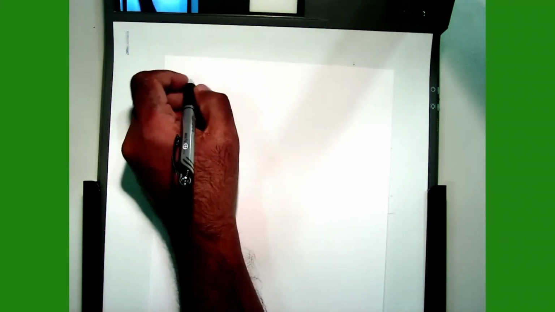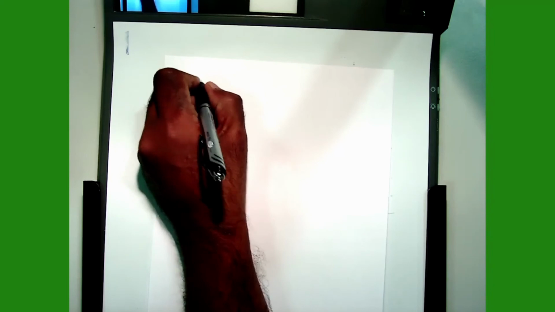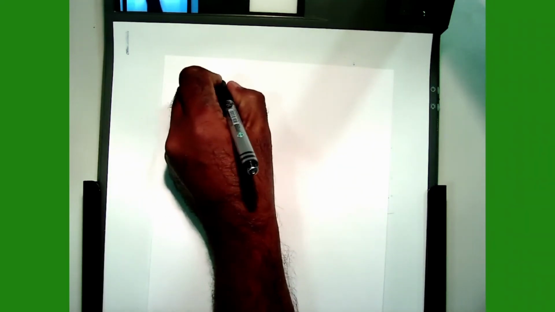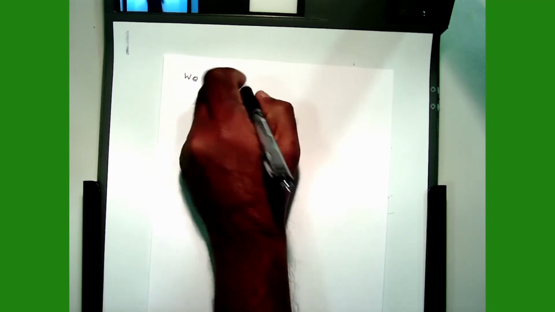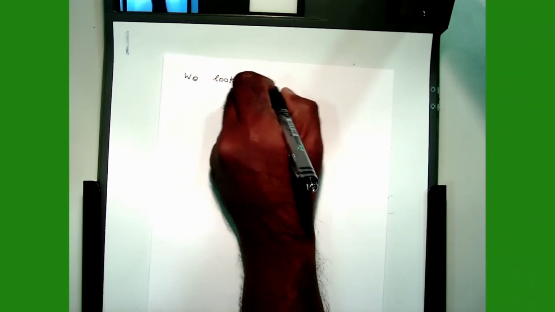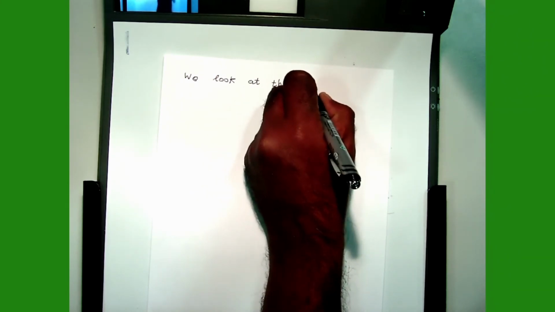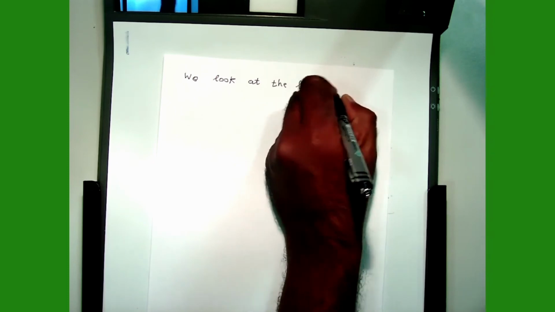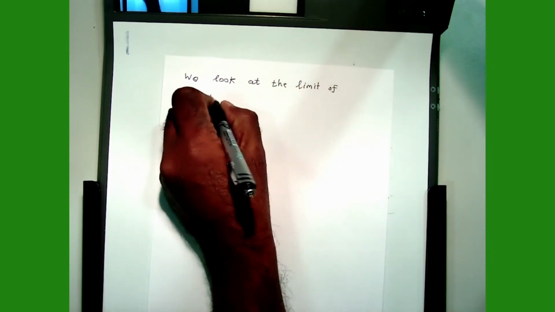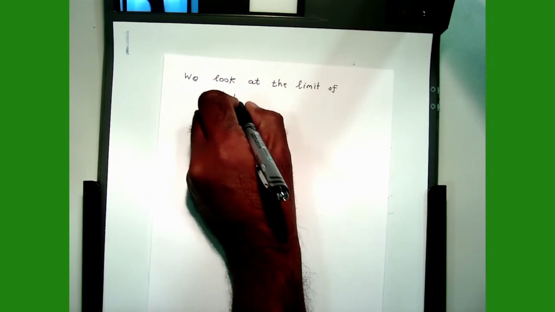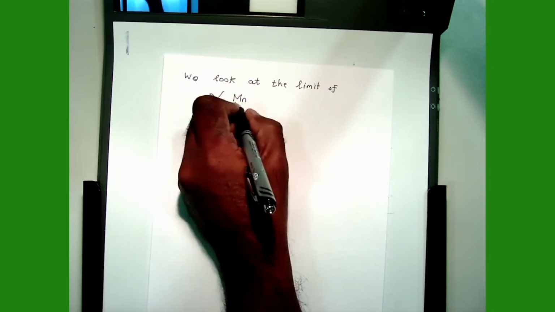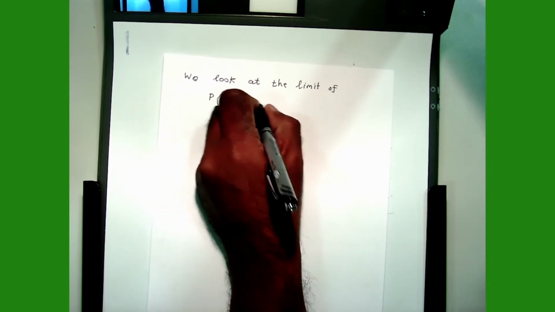So to put it in words, we look at the limit of the probability of, instead of looking at the limiting distribution of Mn, a scaled version of Mn.